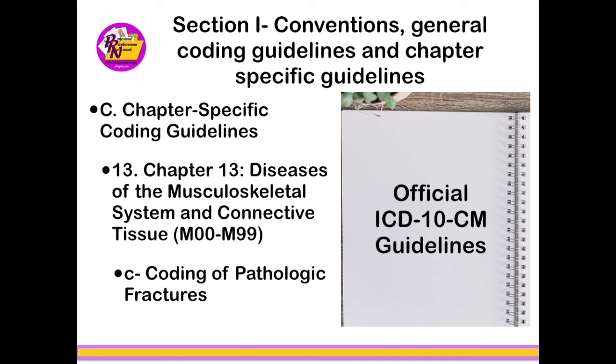They just added in that first paragraph on page 55: the 7th character D is to be used for encounters after the patient has completed active treatment for the fracture and is receiving routine care for the fracture during the healing or recovery phase. The other 7th characters listed under each subcategory in the tabular list are to be used for subsequent encounters for treatment of problems associated with the healing, such as malunions, non-unions, and sequela.